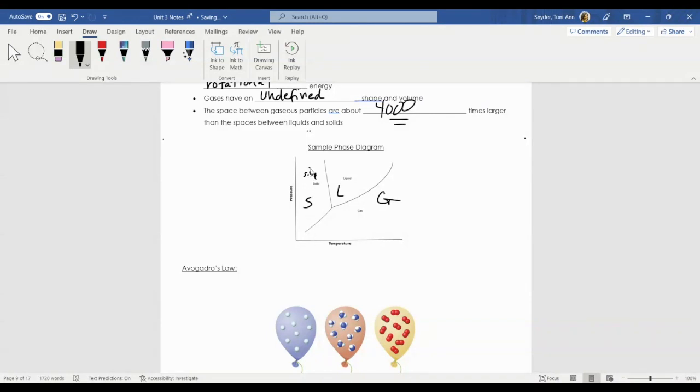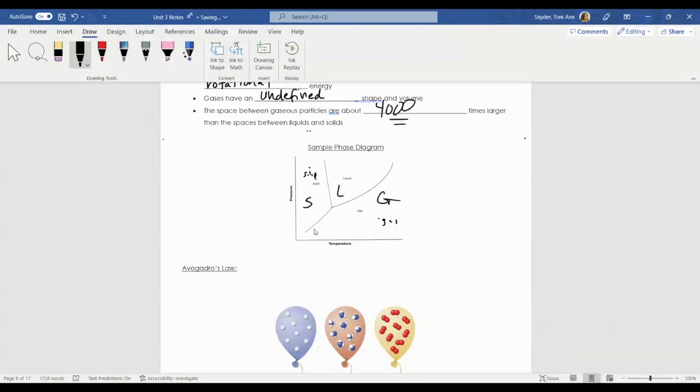On the other hand, if I have that same exact substance, and let's say I decrease the pressure but increase the temperature, that will change that substance to a gas. So depending on the pressure and the temperature, we can change that particular state of matter.